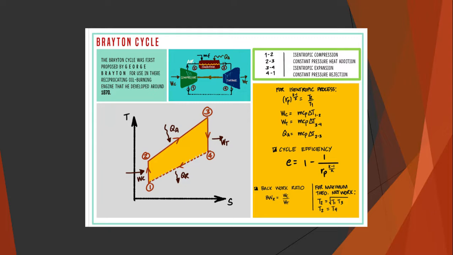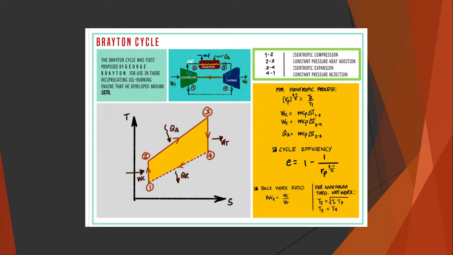Yan, so ang pinaka-typical application for this cycle are the gas power plants and aircrafts. Ayan. So, ang ating Brayton cycle naman is nagko-compose siya ng 4 din na processes.